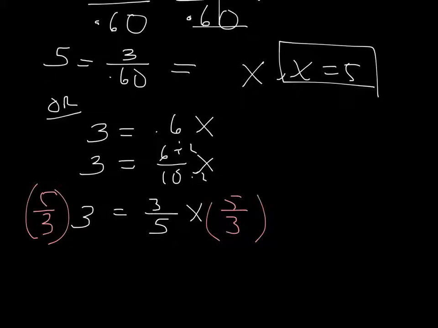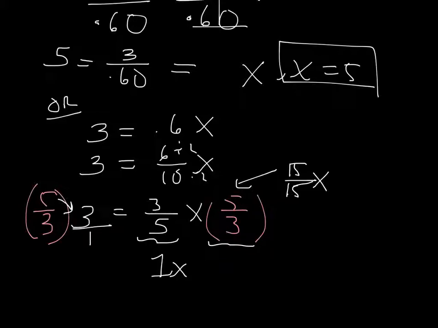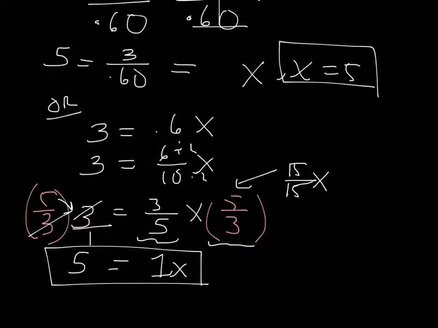And this times this is 15 over 15, which is just 1 x, a big 1. And then the right hand side, that's really 5 times 3, 15 over 3, which is 5, which is what we got. Or you can reduce these, or you can cancel them out. But you still get x is equal to 5.